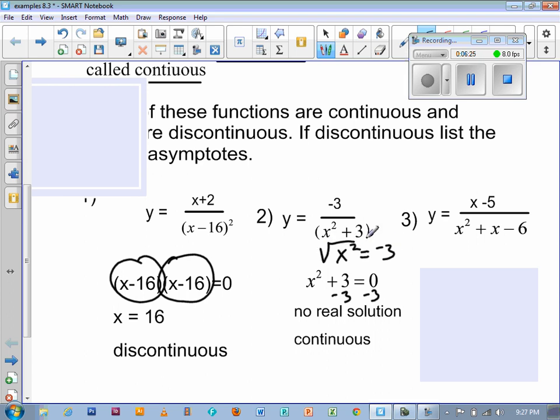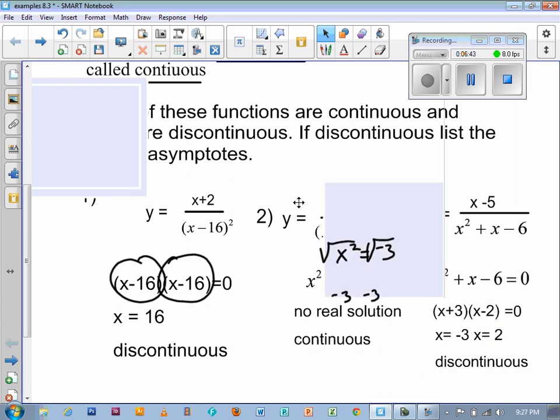And then we square root both sides, and we can't square root a negative 3 unless we get into the imaginary number system. So that one has no real solutions. It's continuous because there are no vertical asymptotes. Anytime you have no vertical asymptotes, it's considered continuous.